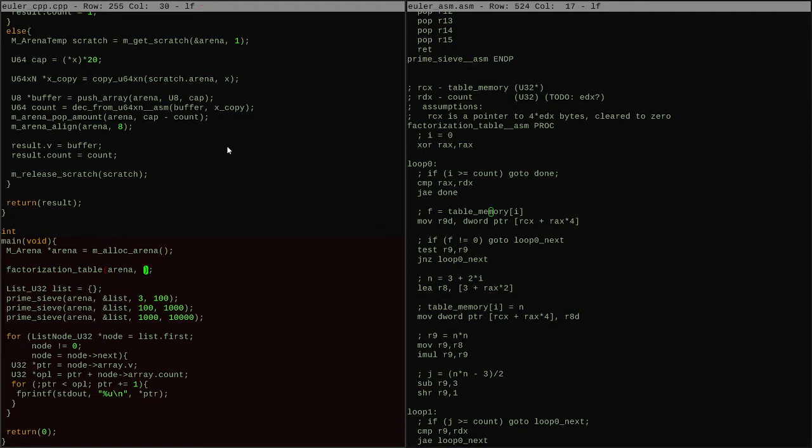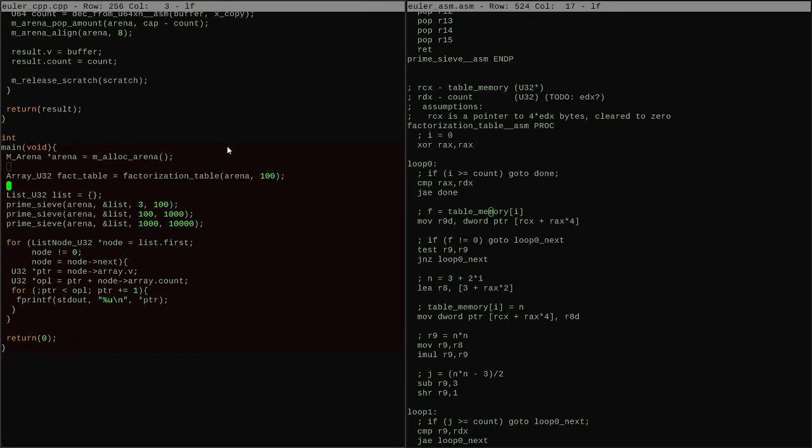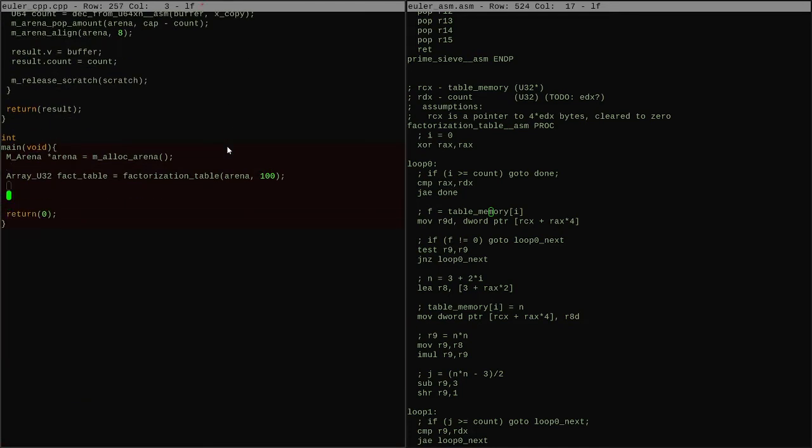So let's ask for 100 slots of the factorization table. How does that get returned to me as an array of U32, right? Yeah. So then I just need a loop to go over that.